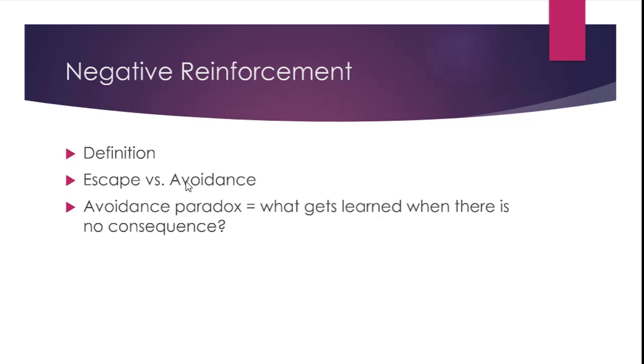So what does this show you? This shows you that even though they weren't going to shock them, they would continue to respond for many, many trials just because of the fear of responding. And what this shows us is that avoidance is very powerful. It's really hard to extinguish because how do you know when there's been a change in the contingency?